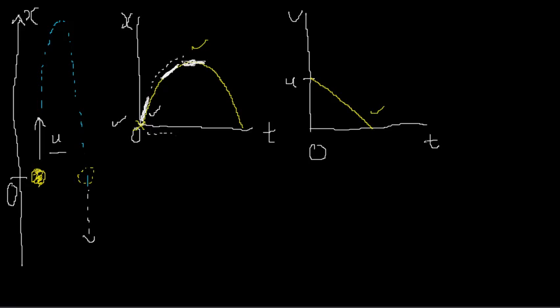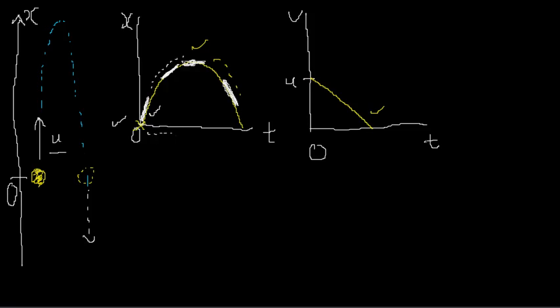And as the ball now starts to fall downwards, we have a negative slope. The slope on this side of the graph is a negative slope.